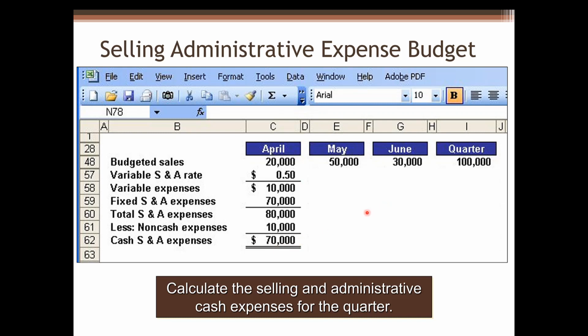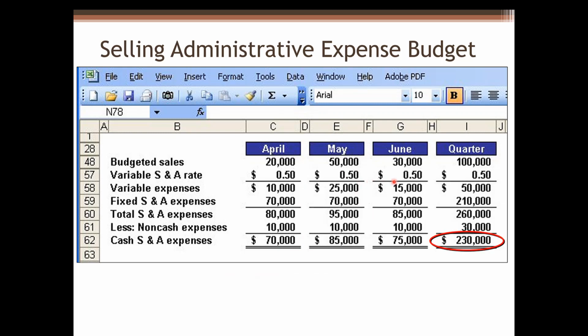We can do the same thing for May and June to get total S&A expenses for the quarter, $260,000, and subtract non-cash expenses, depreciation, and we get cash selling and administrative expenses for the whole quarter, $230,000.